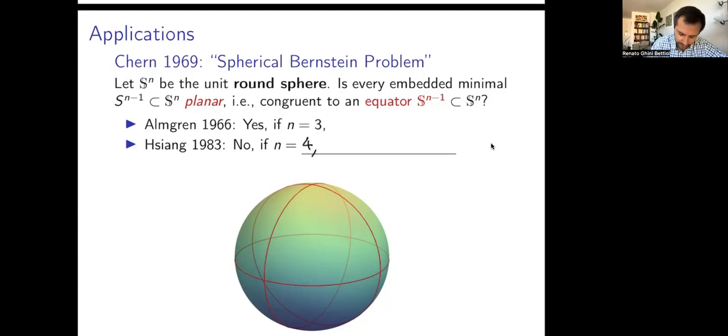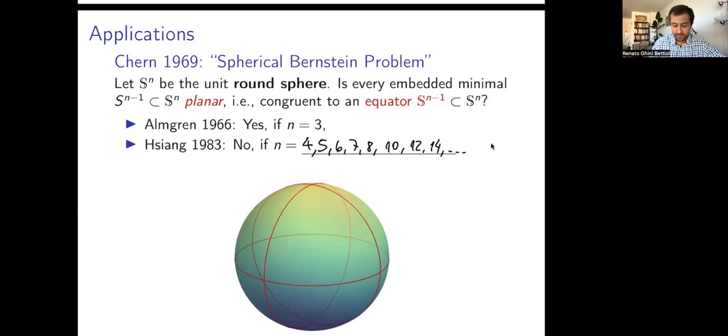So in the seminal work of Hsiang, it was established that this is no for n equal to 4, 5, 6, 7, 8, and now you skip 9, and you go to 10, 12, 14, and there's a few other dimensions that have been filled in here. But anyway, there's an abundance of dimensions, more importantly starting at 4, in which equators are not the only minimal embeddings of spheres.